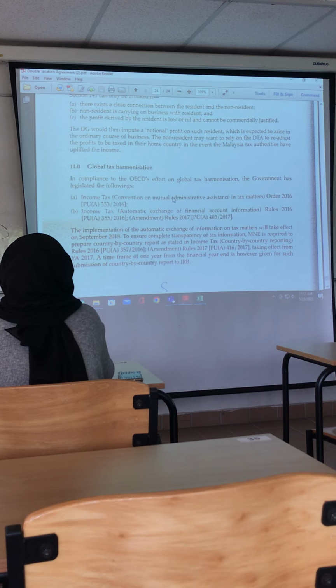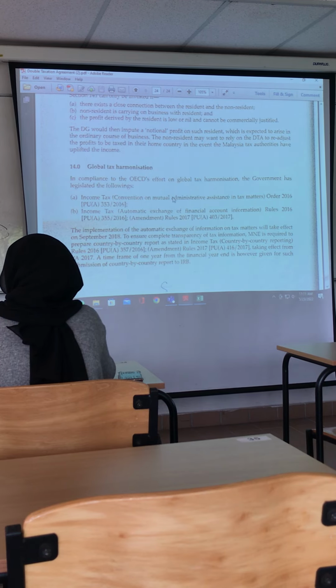Right, so this is already regulated. Previously, for example, if you keep money in a Swiss bank, Swiss banks said whoever put their money in their country, information will not be released.